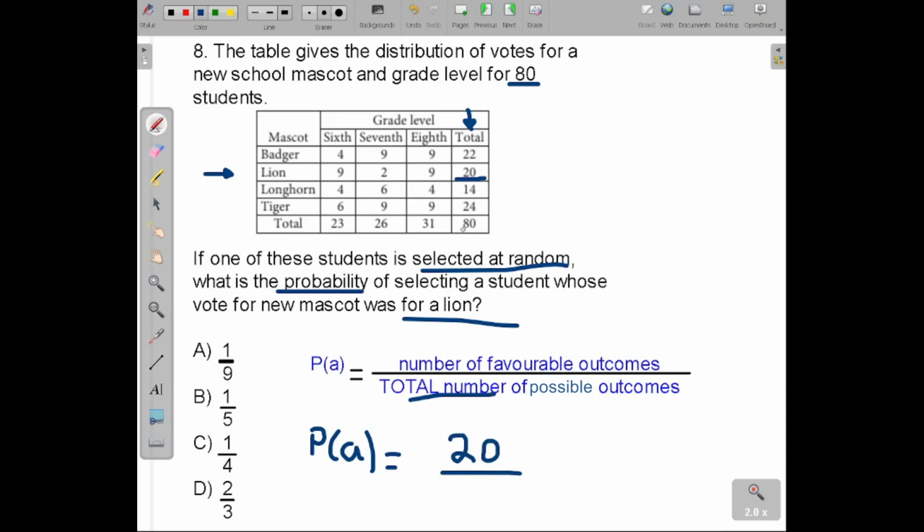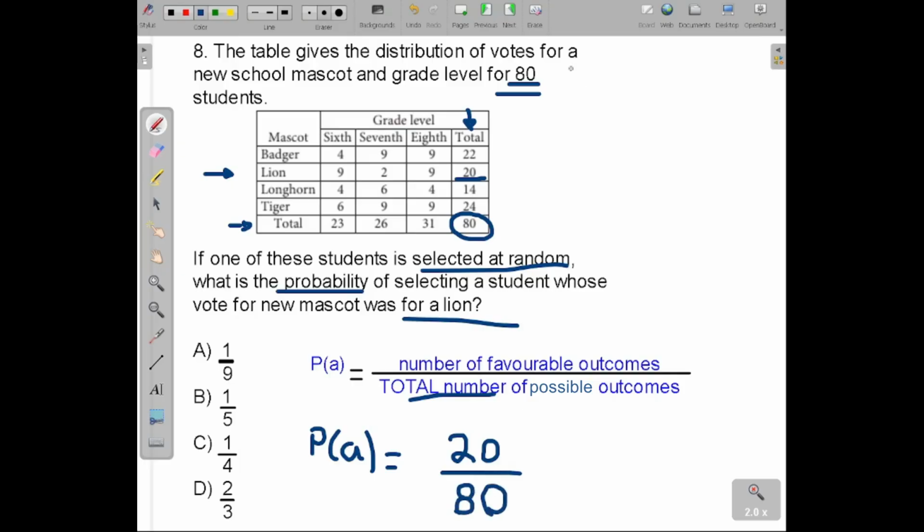So the total number of students is 80, as we have it here, the total and the total, which is the same. So the total is here 80 students.